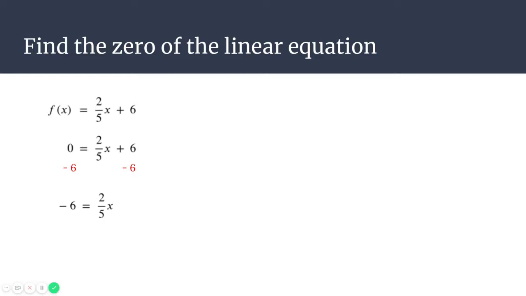The shortcut method of getting rid of the fraction is called multiplying by the reciprocal. Reciprocal is a fancy way of saying flip the fraction. So if I have 2 over 5, I'm going to flip it and make it 5 over 2, and I'm going to multiply both sides by 5 over 2. On the right side, the 2/5 and the 5/2 will cancel each other out and leave you with an x. Use the calculator to do 5 over 2 times negative 6, and you're going to get negative 15 equals x.